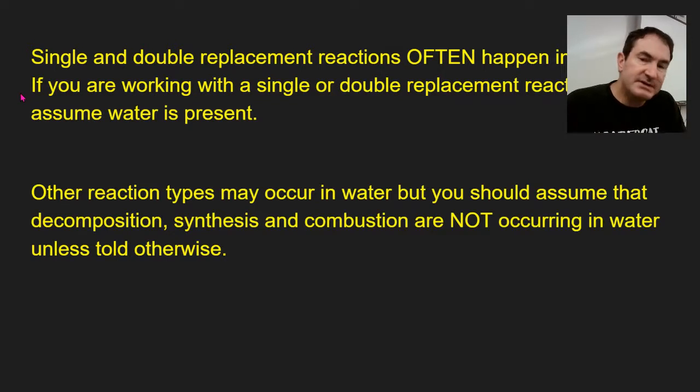So the first thing you should do is look at what kind of reaction you have. If it's a single or double replacement reaction, there's a good chance that water is involved. For our purposes, you should just assume that a single or double replacement reaction is happening in water, in solution.